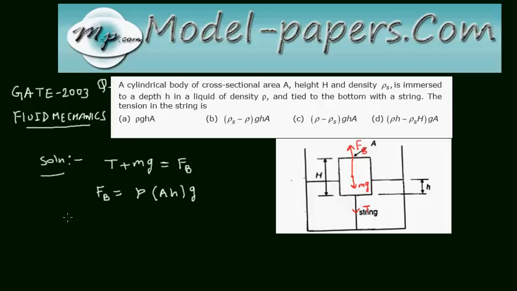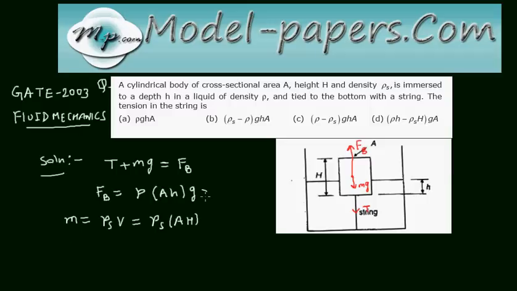And what is the mass of this block in this equation? It is nothing but the density of the block or cylindrical body rho s into the volume of the cylindrical body, or we can write this volume is A into h. A is the cross-sectional area and h is the height of the cylindrical body.